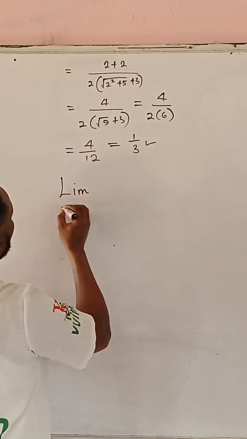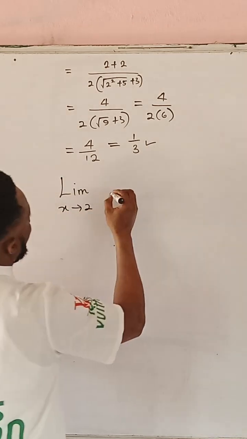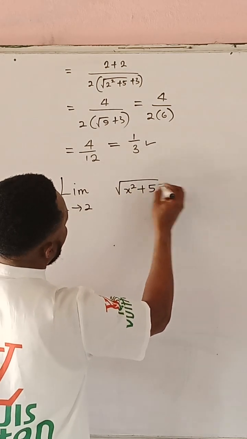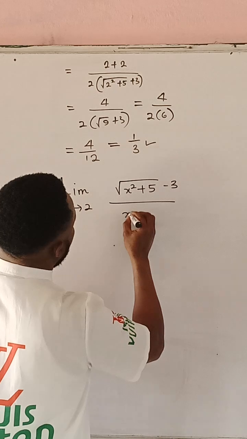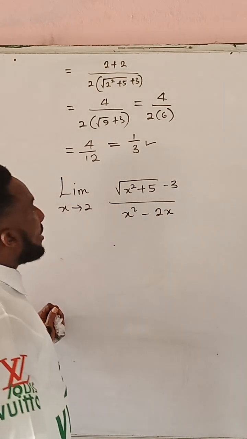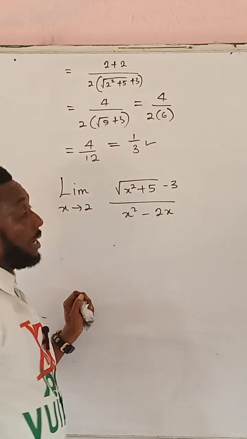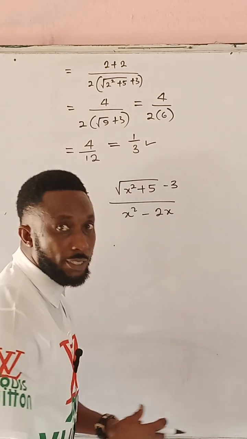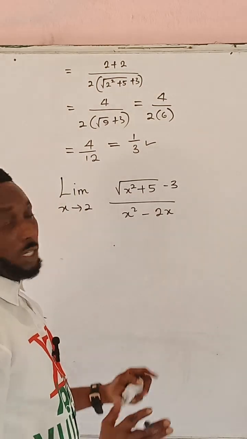We have a limiting function that is indeterminate, just like the one we have here. L'Hopital said we should differentiate the numerator and differentiate the denominator separately and plug in the limiting value. That was what L'Hopital did.